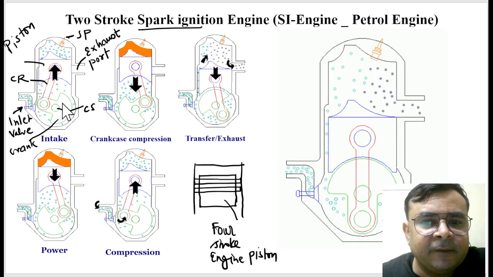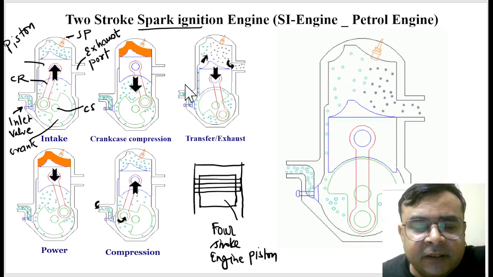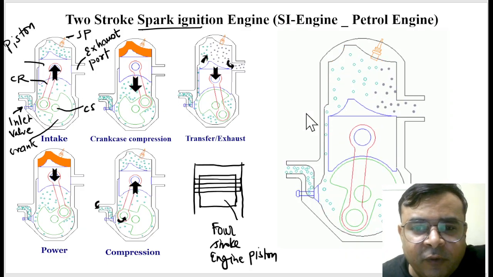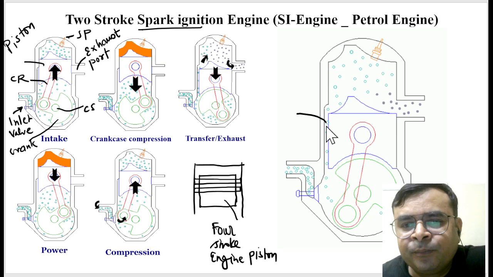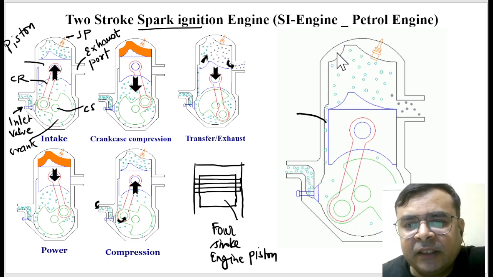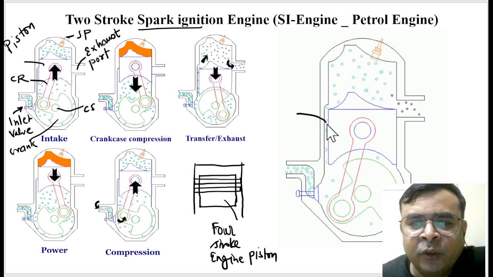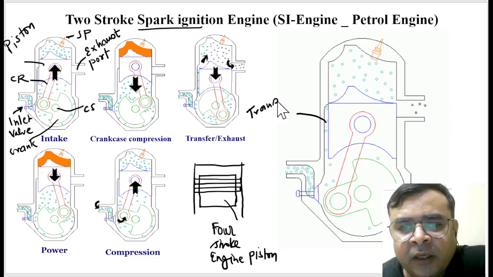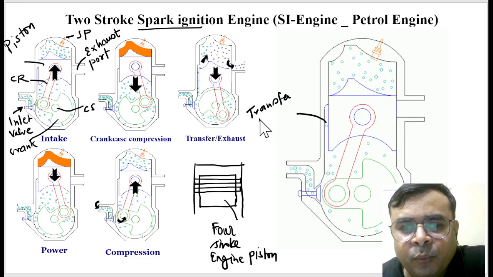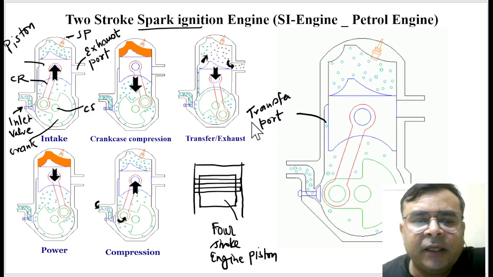And similarly, one more piece of information I'm telling you here. This is the space from which the charge, or air-fuel mixture, can enter into the cylinder. So this is called the transfer port.